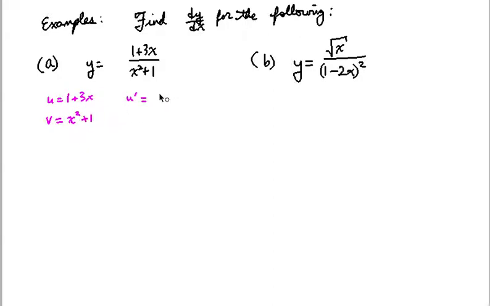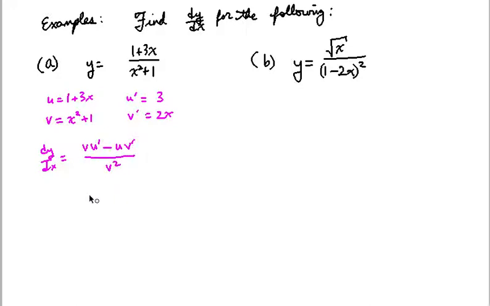U prime is then equal to 3. V prime is equal to 2x. Okay, so this one doesn't look so bad or messy. All right, let's simplify this. If I use my formula, dy/dx must be equal to vu prime minus uv prime, all over v squared, right?